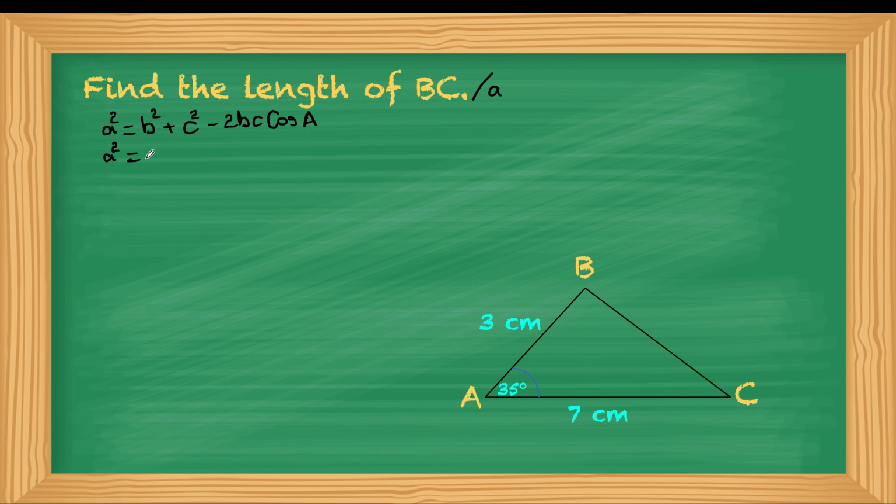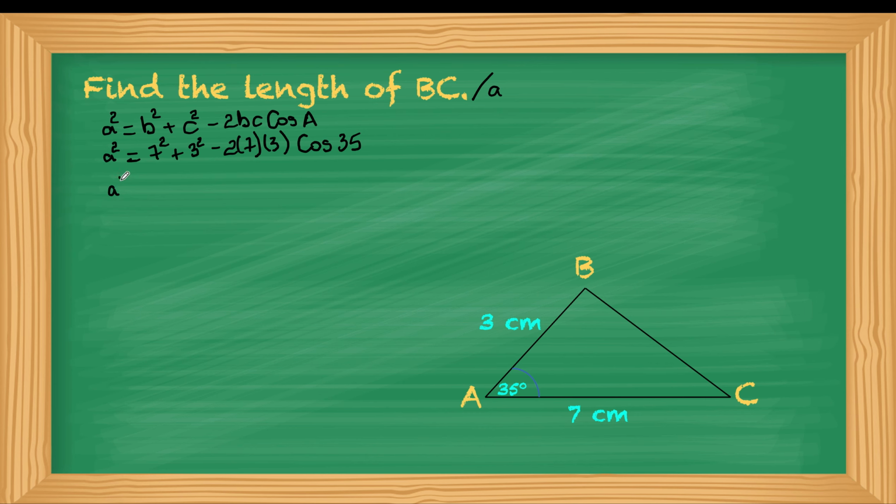We have b squared, and in this case, b is 7, so we'll have 7 squared plus c, which is 3 squared, minus 2 times 7 times 3, and the cos of 35 degrees.